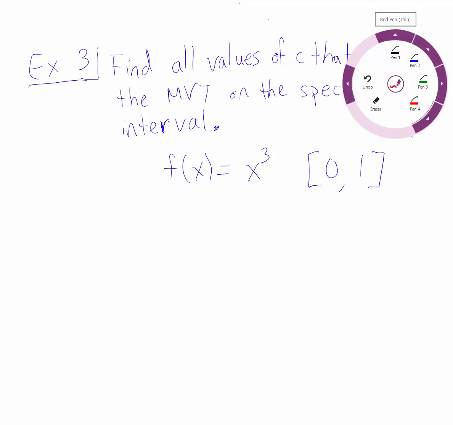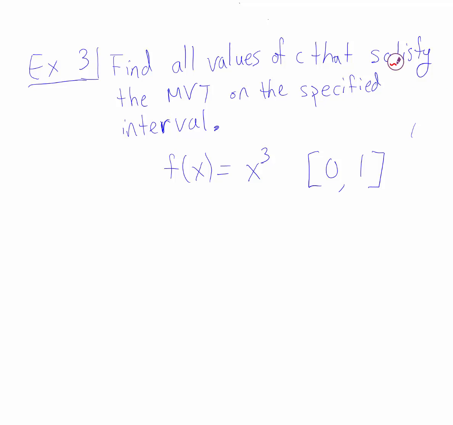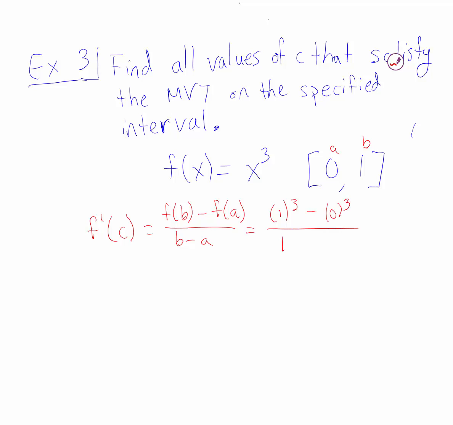First step is always going to be to say, okay, f prime of C equals f of B minus f of A over B minus A. Then I plug in: f of B would be 1 cubed minus f of A would be 0 cubed over B minus A, 1 minus 0. That's 1 over 1, which is equal to 1. So there is some derivative of this where it's going to equal 1.